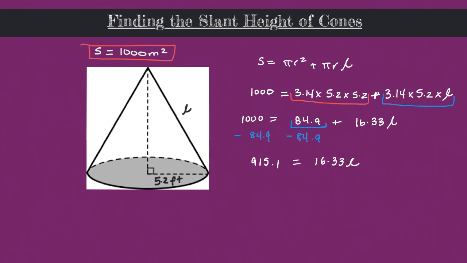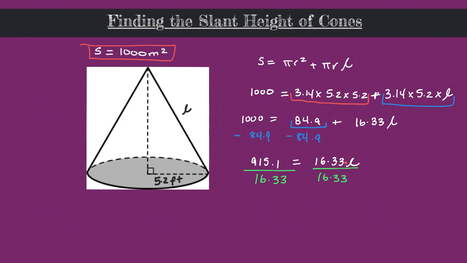16.33 L. Our final step is to divide both sides by 16.33. And the reason we're dividing is because the operation between the 16.33 and the L is multiplication. So the opposite operation is what we apply when we're trying to manipulate our equation so as to remove one value from one side to the other.